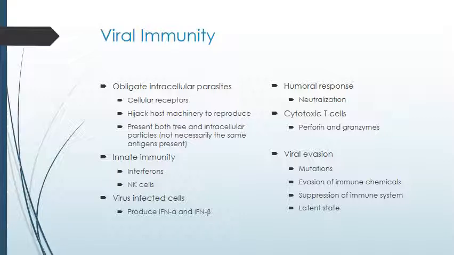Whatever protection you had, remember your cytotoxic T cells and your humoral response are both very specific to a particular virus and to the antigens it expresses on its outside. So even minor mutations can cause those previous cytotoxic T cells to not work, and that's why you do get colds every year, because adenovirus mutates very, very rapidly.